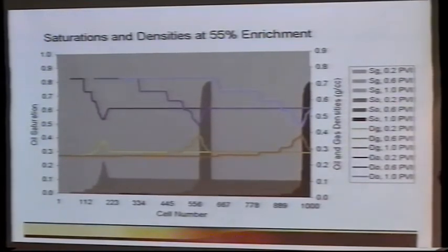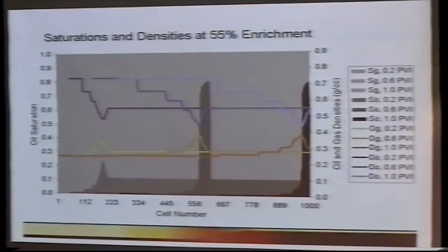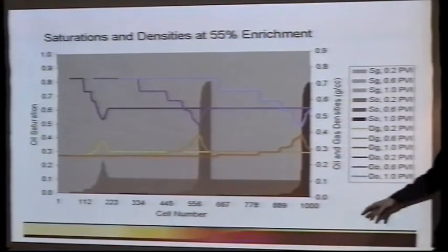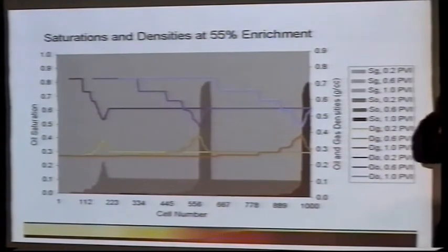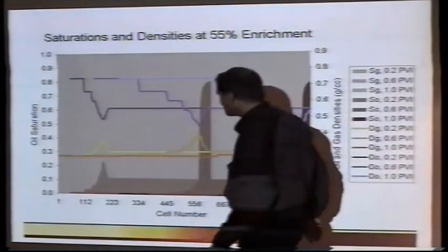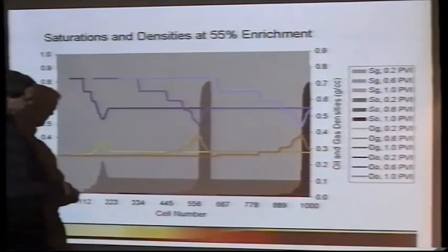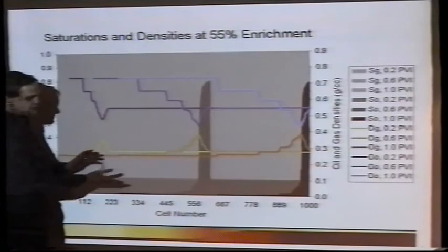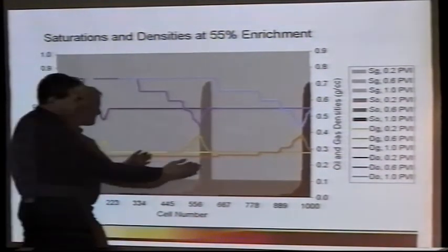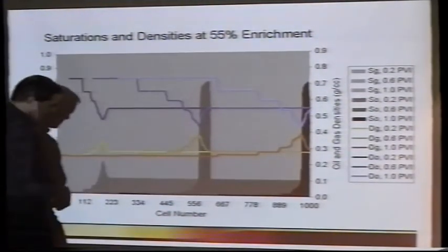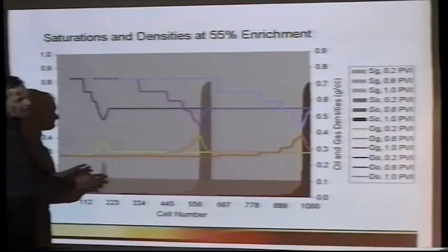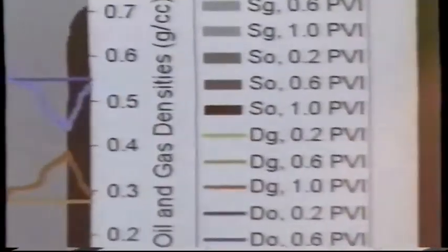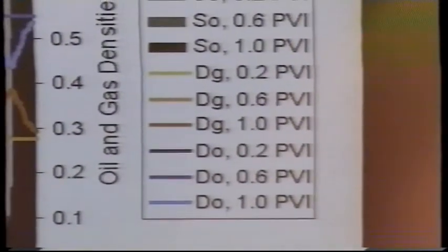This is just above miscibility conditions, and this is with a 1,000 cell slim tube simulation. What you're looking at here is this shaded area is the oil saturation at 3 different snapshots: after 0.2 pore volumes injected, and after 0.6, and at 1.